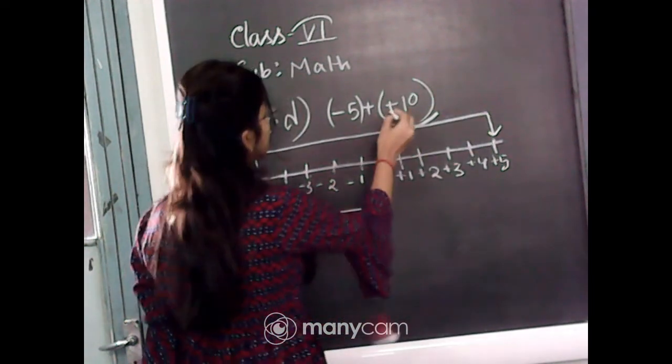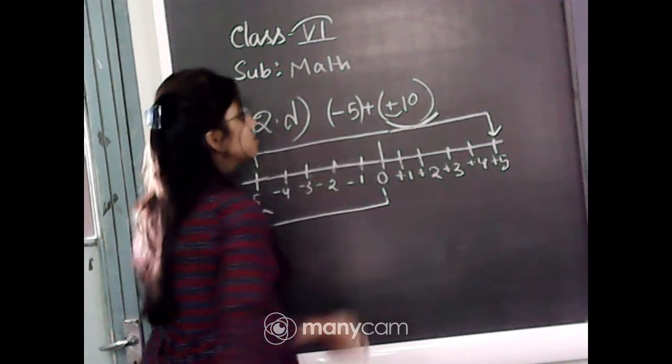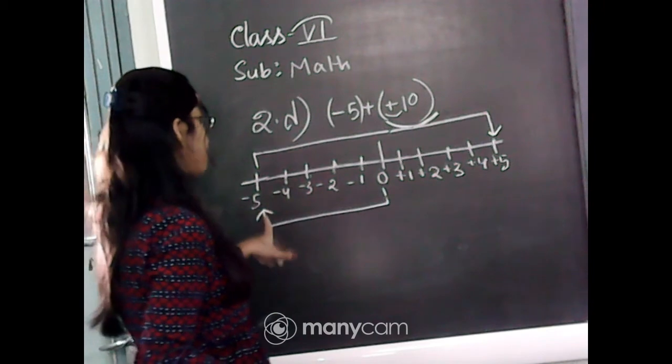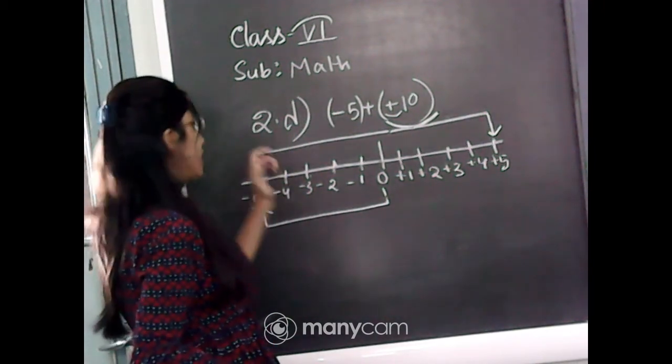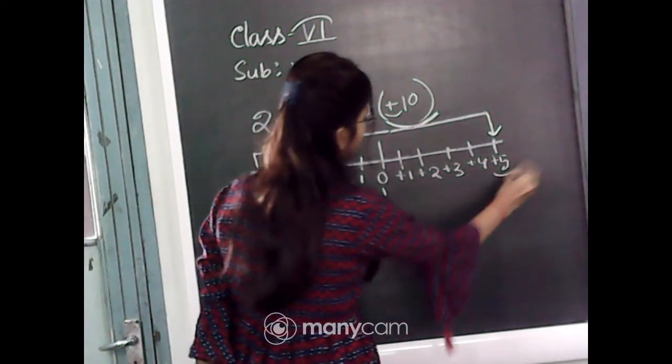Since here the sign is positive, we move 10 steps to the right of minus 5 and reach the point plus 5.